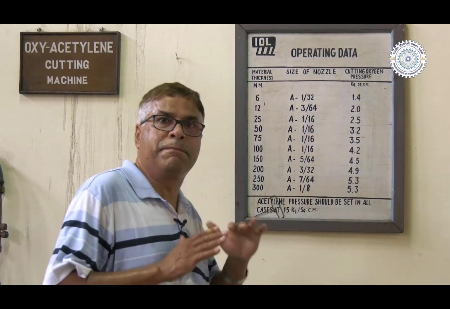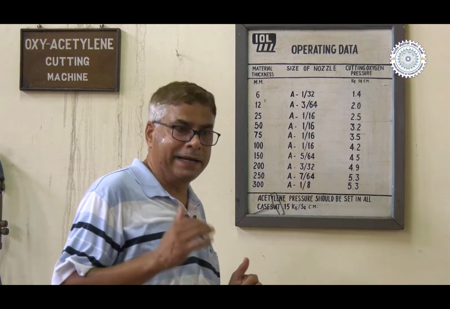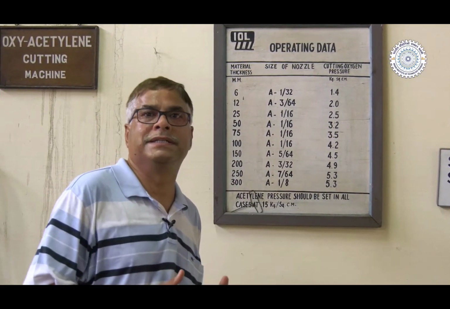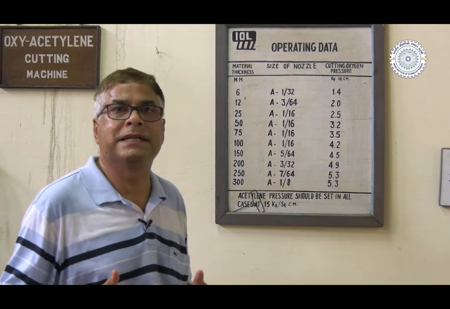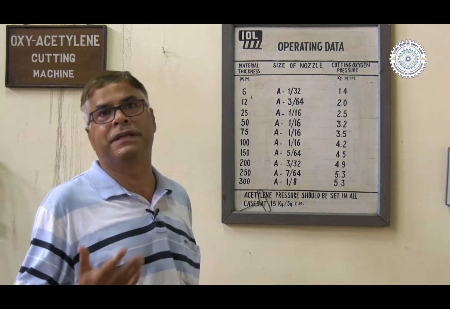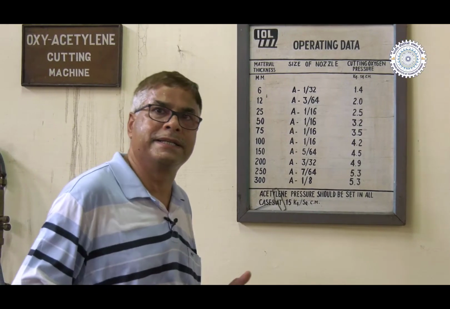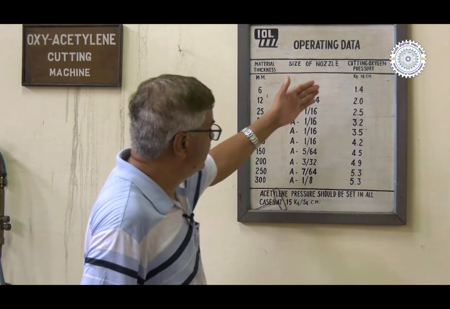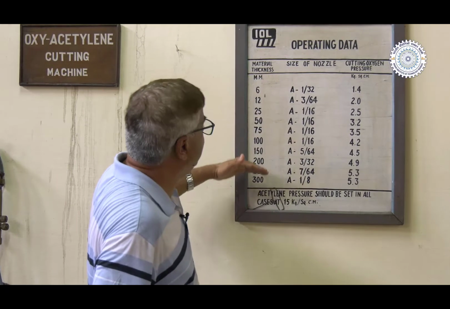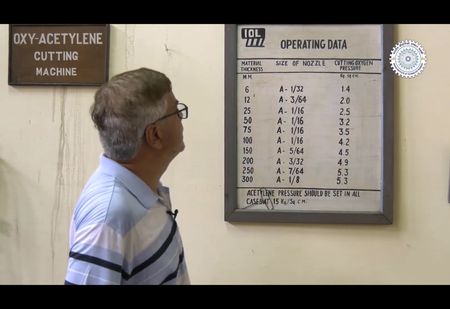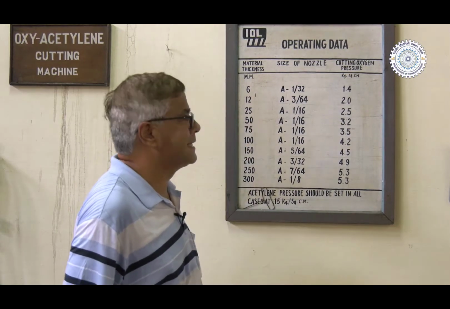Once the preheating part is over and the kindling temperature has been attained, we supply the oxygen jet so that oxidation can take place and an exothermic reaction results in a lot of heat generation, which in turn facilitates the melting and cutting of the plates. This is just a broad guideline for cutting different steel plates using different oxygen pressures and nozzle sizes.